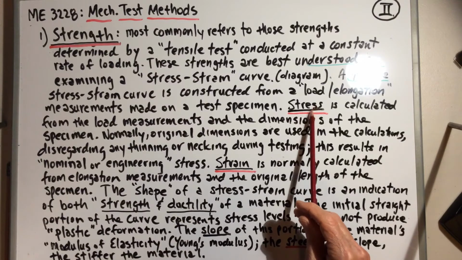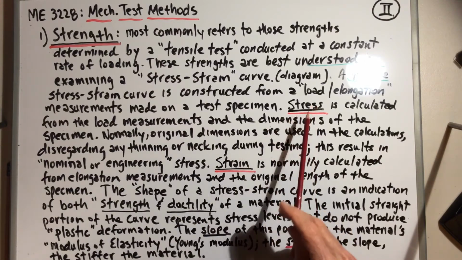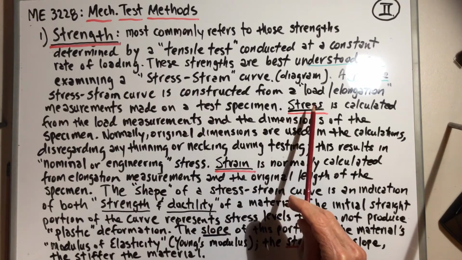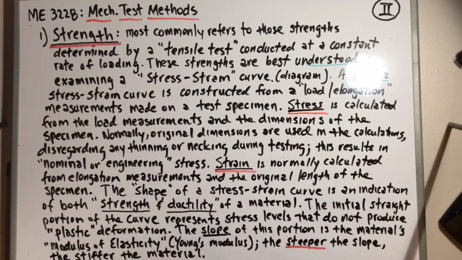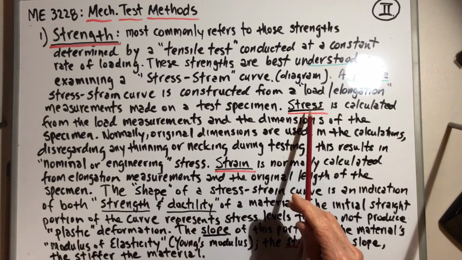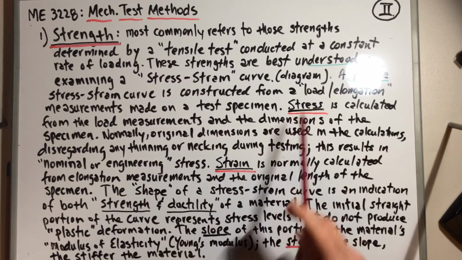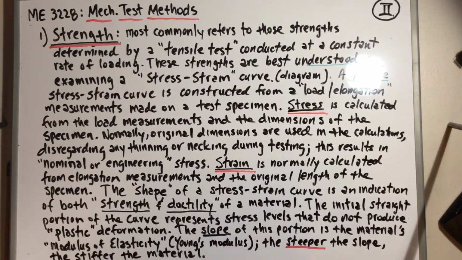Now, stress. Of course, you're going to be able to calculate the stress based on the load that this machine is giving to that specimen. And we know stress is force divided by area. So what you're going to be looking for are the force data points on this diagram as this load progresses. And then, of course, the area will be the cross-sectional area of whatever that specimen might be. And I'll show you some samples of those specimens in a minute.